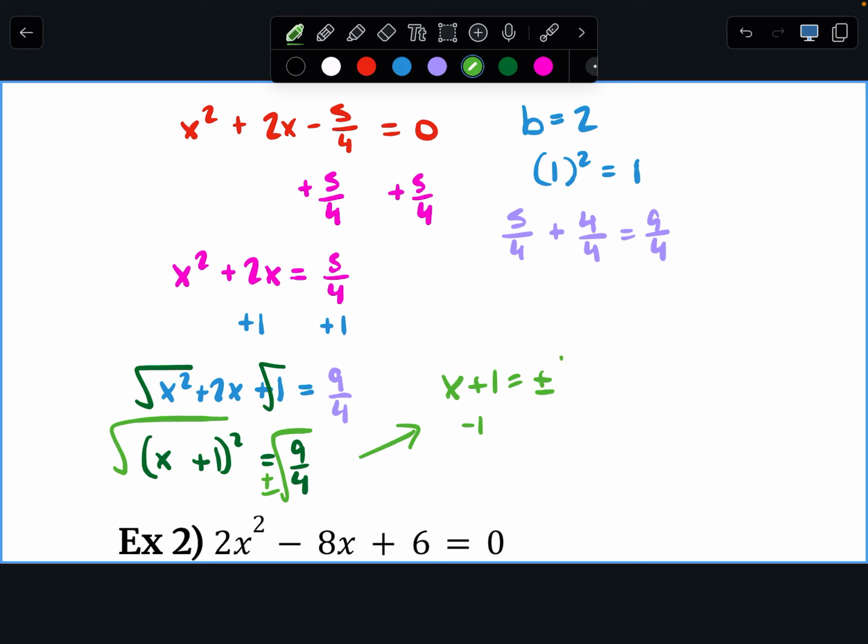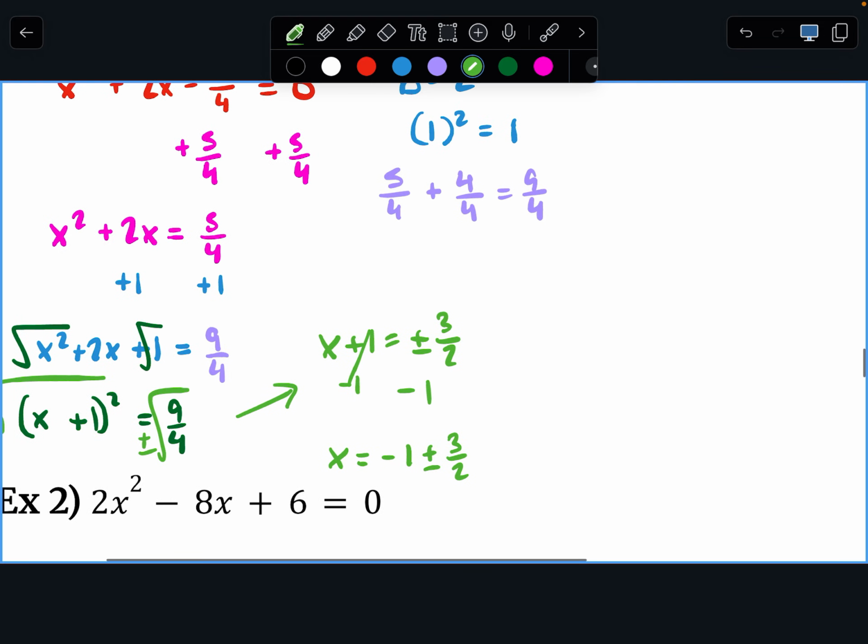Plus or minus 3 over 2. Subtract 1 from both sides, sorry. That cancels out the 1 on the left, so now I have x equals -1 plus or minus 3 over 2. Okay, so this is the same thing as what? Let's separate this out for ourselves. -1 is equivalent to -2 over 2.